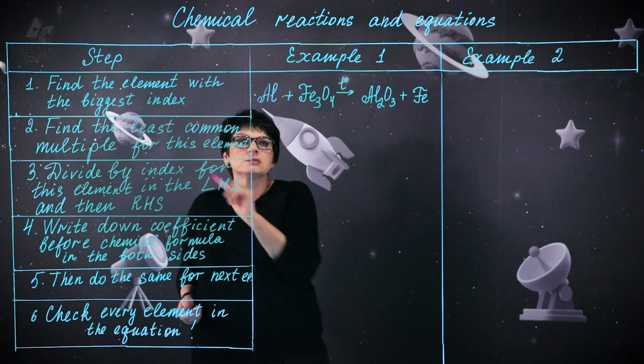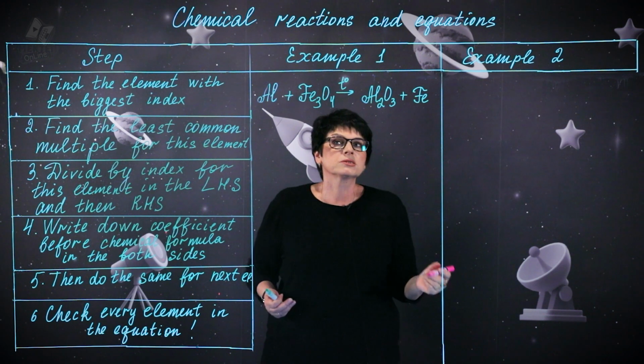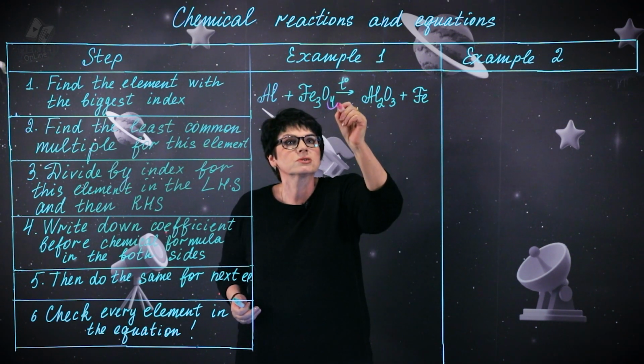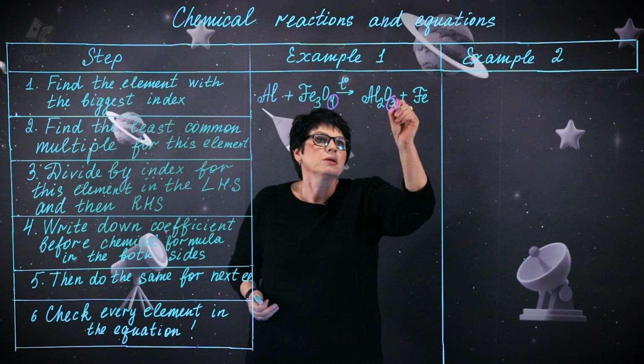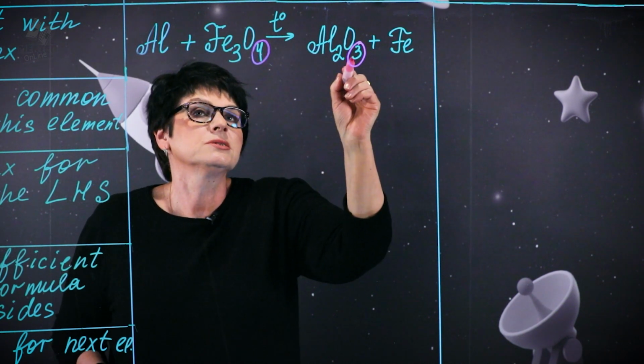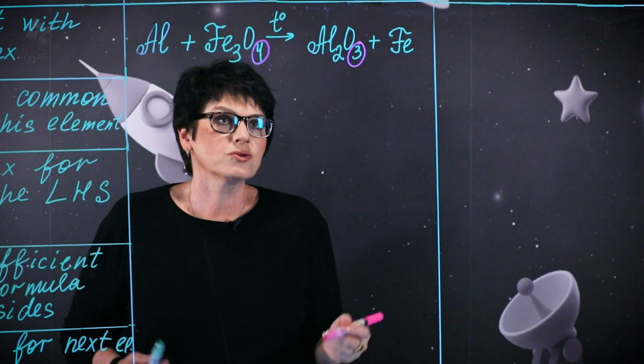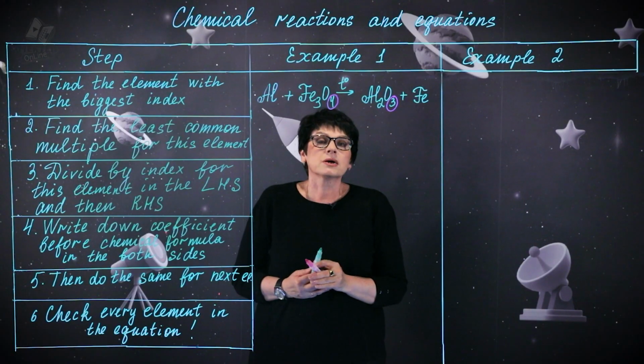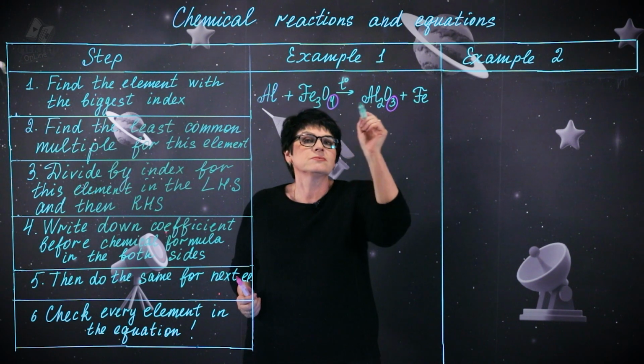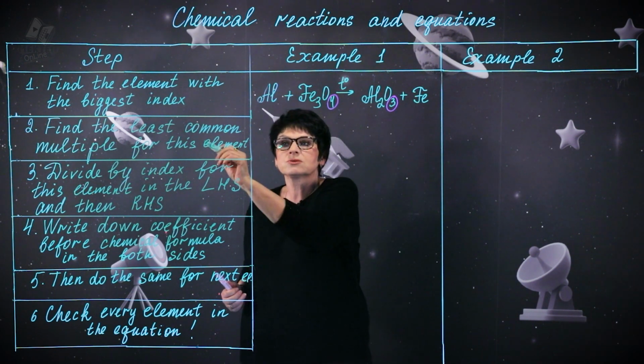Initially, we need to locate the element with the greatest index. Oxygen has the highest index. Let's take a look. Here's 4 of them, here's 3. Iron is also 3, but in this case, the index 4 for oxygen is the highest. So we have 4 oxygen atoms on the left side and 3 on the right.